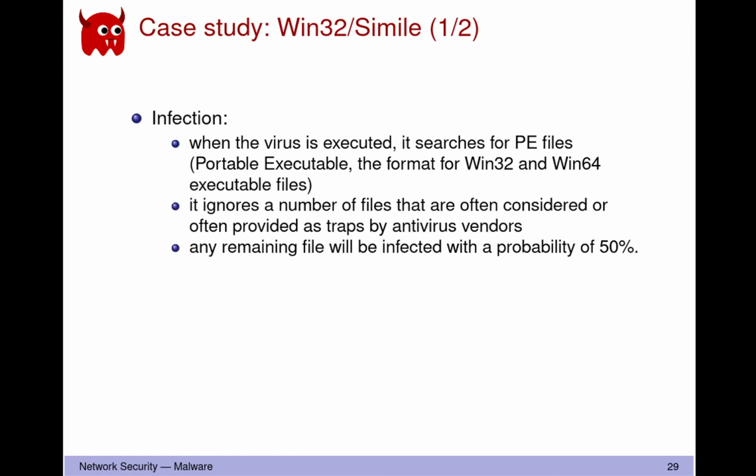So here's an example, Win32 Simile. What it does, it first searches for executables, the PE files, these are executables under Windows, and it ignores a number of files that are considered as traps by antivirus vendors.